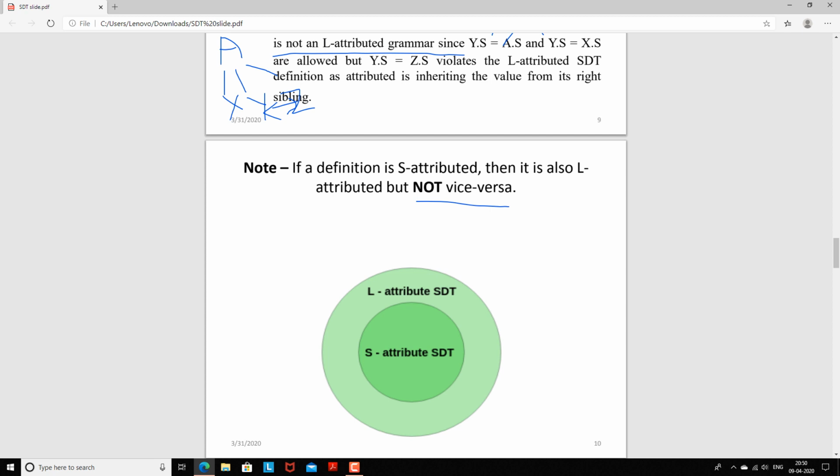Means if an SDT is S attributed, then obviously it is L attributed SDT. But if any SDT is L attributed SDT, it may or may not be S attributed. If it belongs here, then it is S attributed, and if it belongs here, then it is not S attributed SDT. So that's why we mention here this is not vice versa.